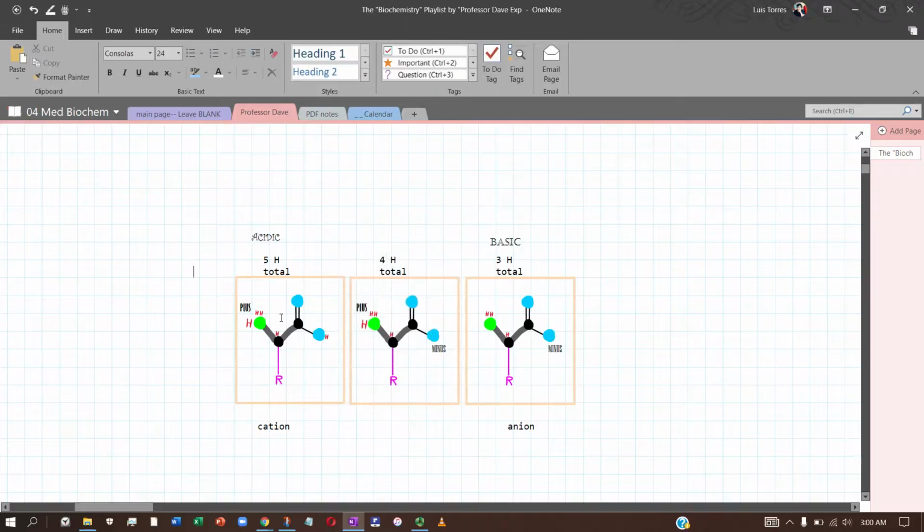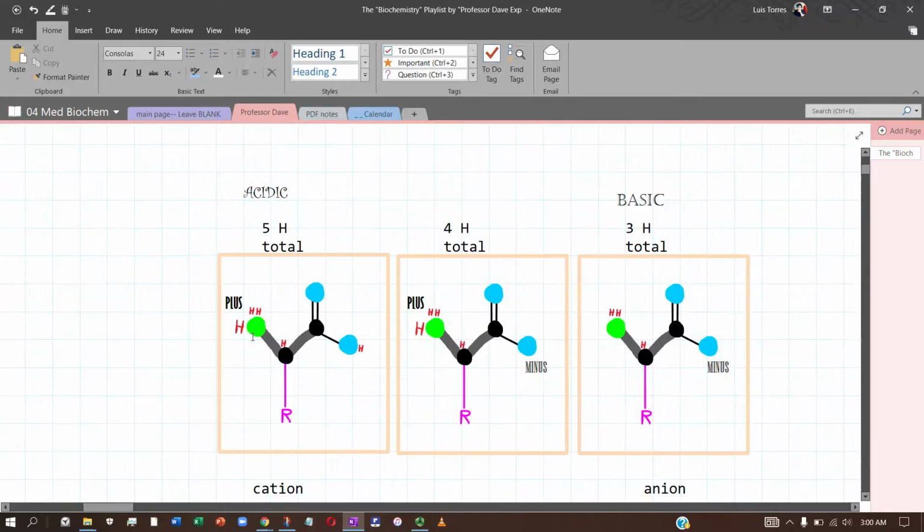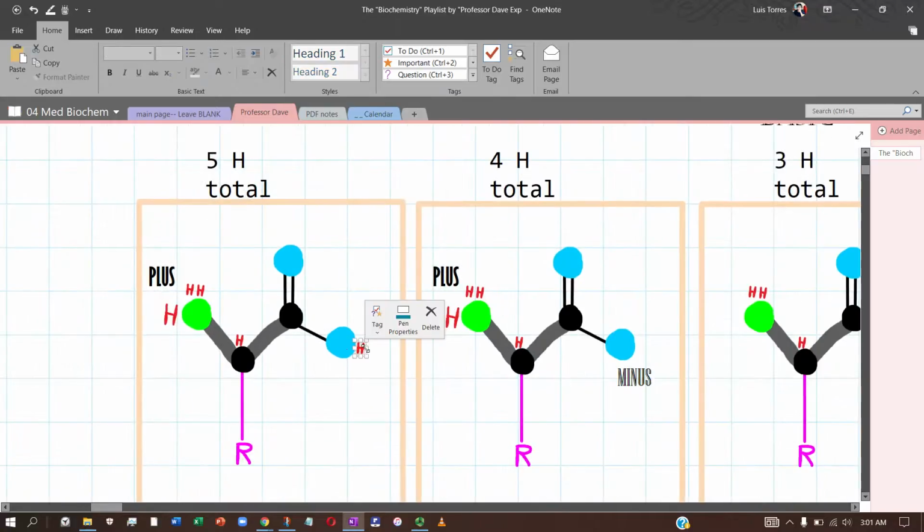Whenever this amino acid finds itself in an acidic environment, it will easily get protonated, and you'll have a plus charge over here on the nitrogen side, on the N terminus, and you'll have a neutral charge over here because this hydrogen will be put on this oxygen.